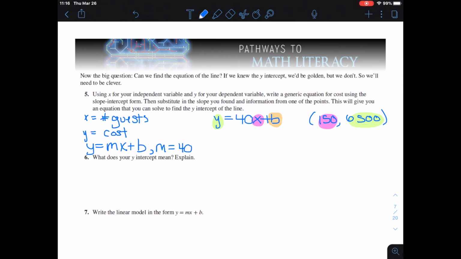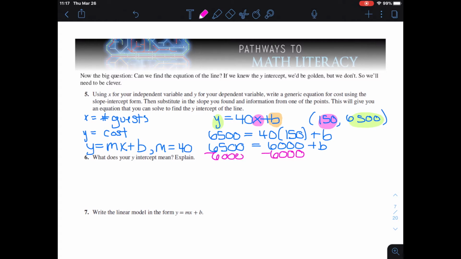So when we plug that in, we'll get 6,500 is equal to 40 times 150 plus that value of the y-intercept. So that's 6,500 is equal to 6,000 plus b. So if we want to solve for b, we go ahead and subtract 6,000, and that tells us that b is equal to 500.